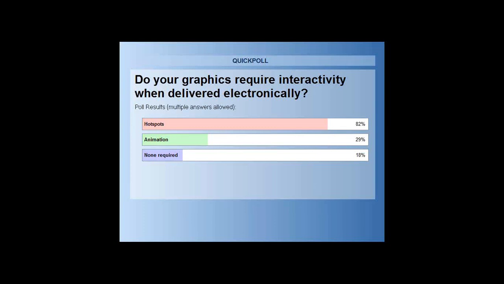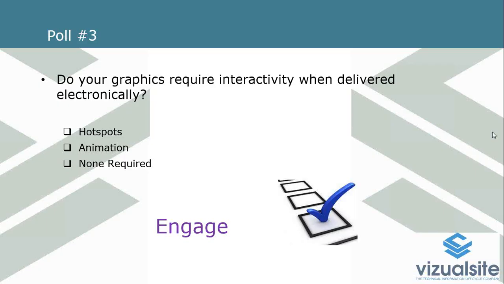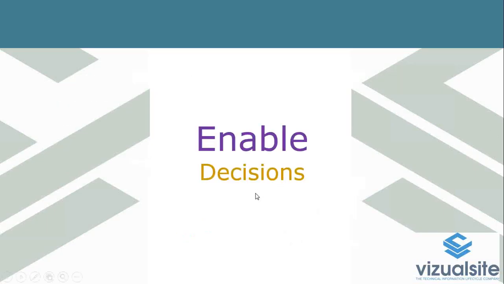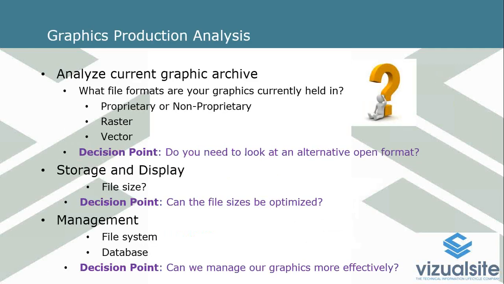So good to hear that people are now supplying interactive graphics. That's a really good thing, because that's where the value gets to the customer, when they can interact with the file rather than just seeing a static graphic on a page. So that's really good. And we're going to hide it this time. So sorry about last time.